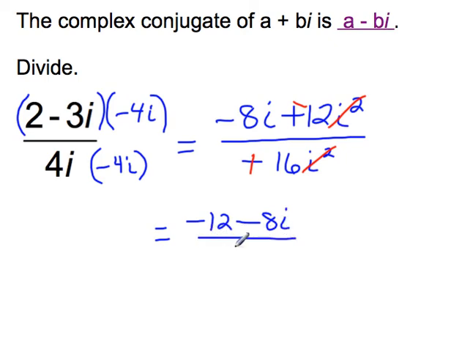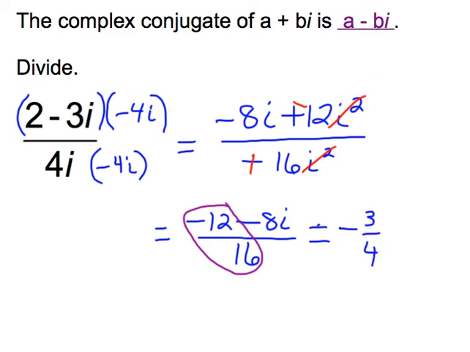over positive 16. Now to finish this up, to put this in true complex number form, I actually need to write this as two separate fractions. And if you remember, we did this a long time ago, back in chapter 1 or 2. First, I would take these two and simplify that fraction. What goes into 12 and 16? 4. So it would be -3 over 4.